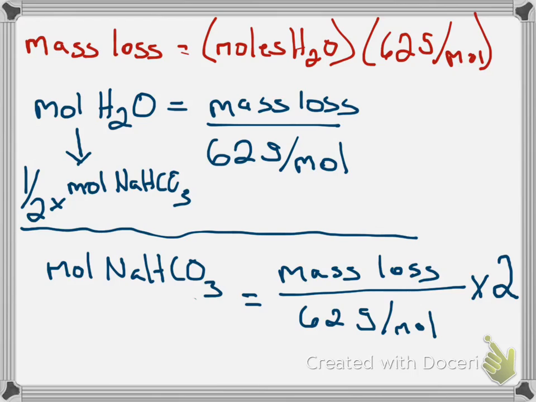At the end of the day, there's going to be a difference in mass. That's your mass loss. If you take that, you divide it by 62 grams per mole, which is the addition of the molar masses of the water and the CO2, and you multiply it by 2, you'll be able to come up with the number of moles of sodium bicarbonate that were in your original mixture.